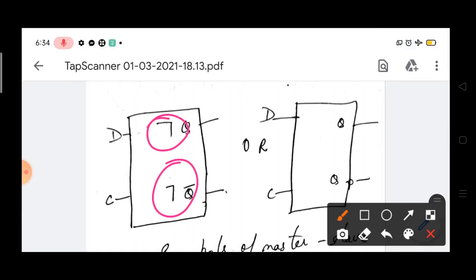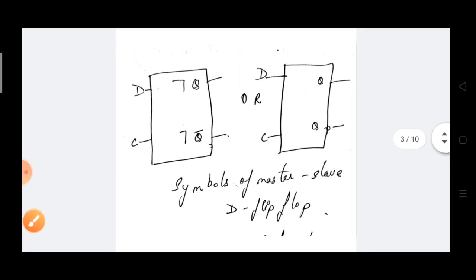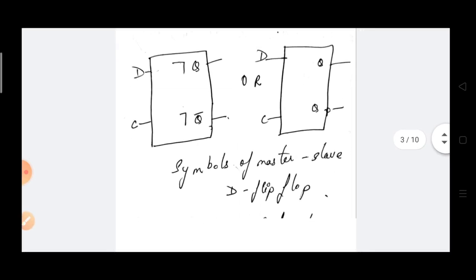Whenever you see a master slave flip-flop, this is how you need to represent it. So this is the function table, the symbol, and a basic D flip-flop configured from an SR flip-flop.